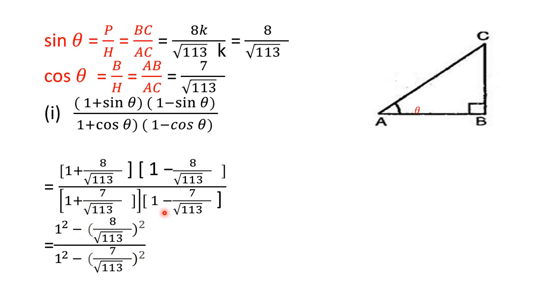Similarly, in the denominator, the same quantity is with the plus and with the minus sign, so it becomes 1 square minus (7 upon under root 113) whole square.